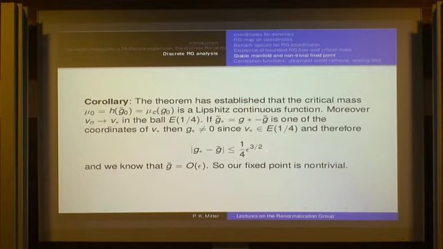And we know that G bar is order epsilon, so G star cannot be 0. G bar is the one you use. G bar is the approximate fixed point, explicitly known, which we get just by omitting all the remainders.